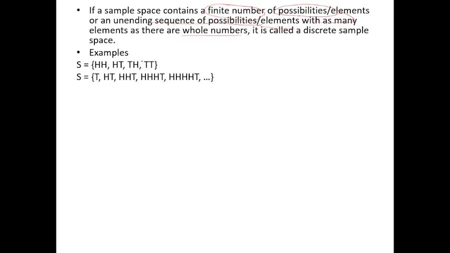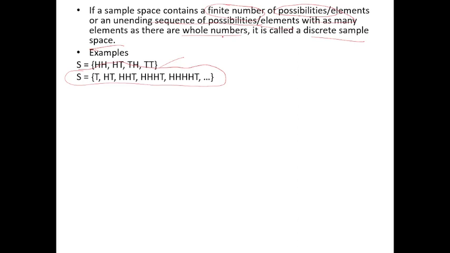In our first example, we have 4 possible outcomes in the sample space, and this sample space is called a discrete sample space. In the second example, there is an unending sequence of possibilities, walang katapusan na possibility na kasing dami ng mga whole number.